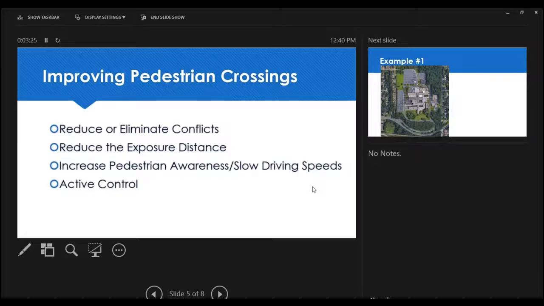And then the next level for active control would be a HAWK system or just a standard traffic signal. Obviously you're talking a lot more expense there and a lot higher thresholds in terms of pedestrian crossings if you're looking at that level.